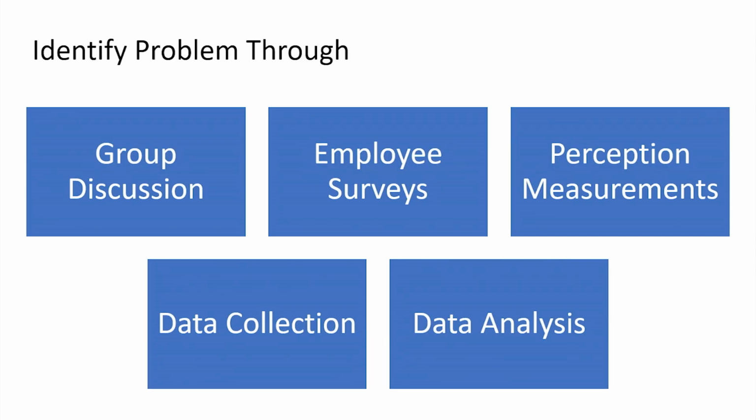We have already discussed group satisfaction and employee surveys. What else can we do? We can go for perception measurements. We can prepare scales where there will be items accompanied by a 5-point scale or a 10-point scale to assess the performance of the organization, its climate, its work culture, its policies, the managerial styles and many things like that.